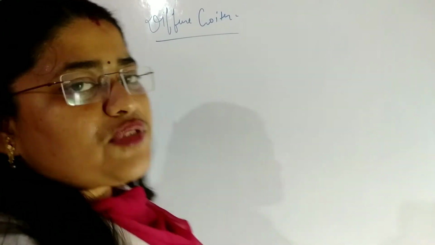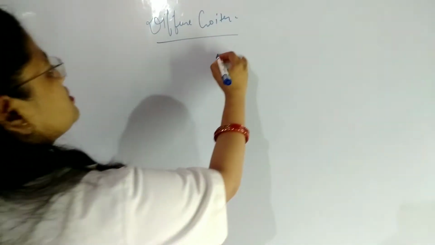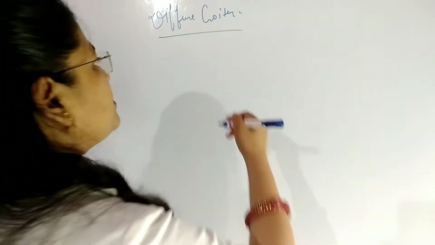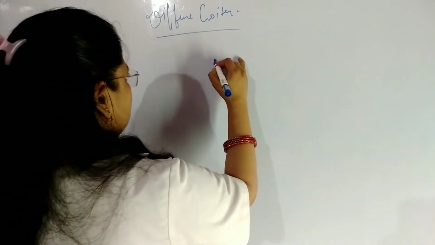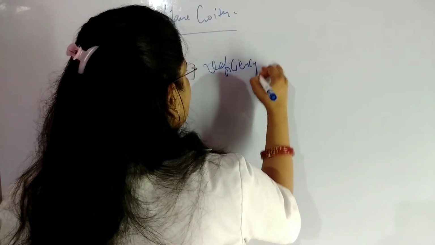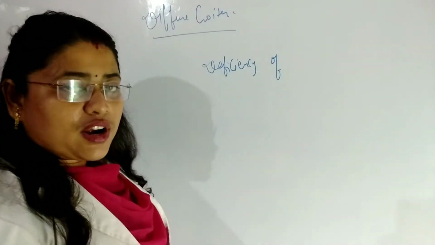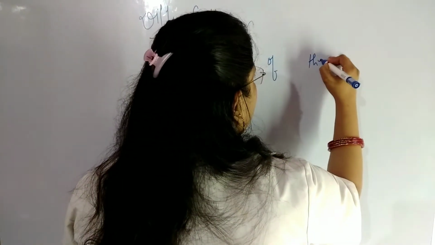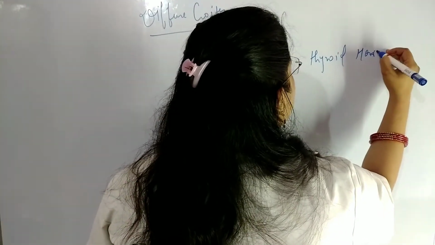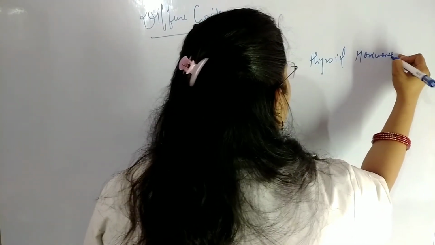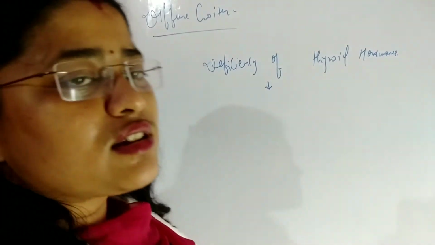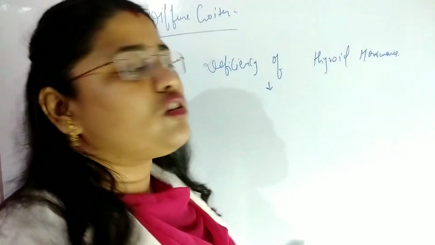firstly there is deficiency of thyroid hormones. So the precursor is deficiency of thyroid hormones, and this deficiency stimulates thyroid stimulating hormone.